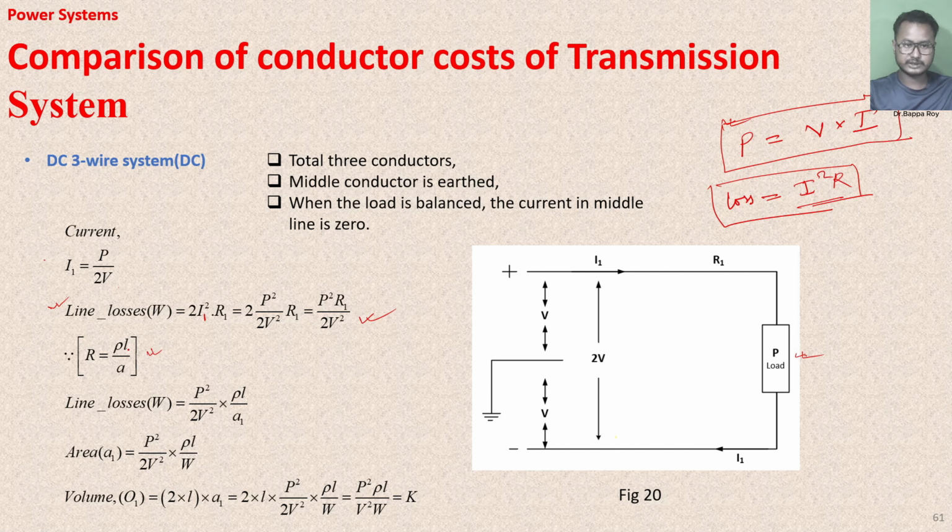Rho is the resistivity, L is the conductor length, A is the cross sectional area. Actually, we are comparing this cross sectional area, or we can say the thickness of the conductor.